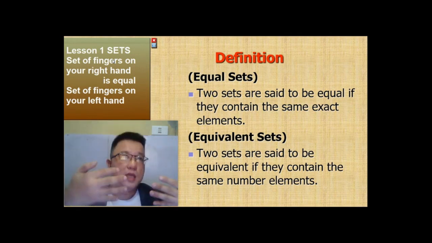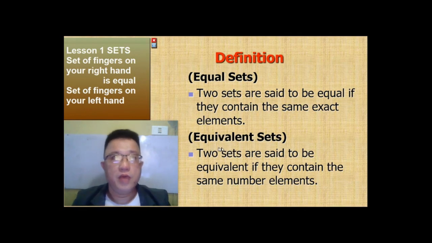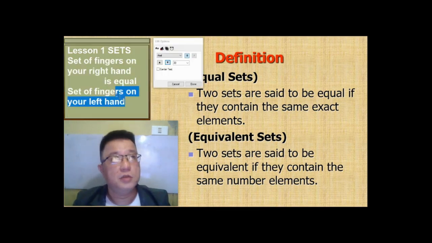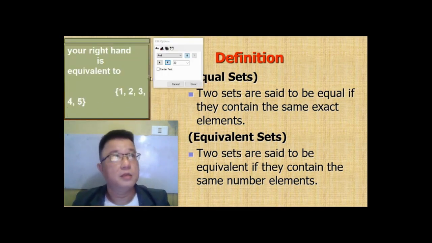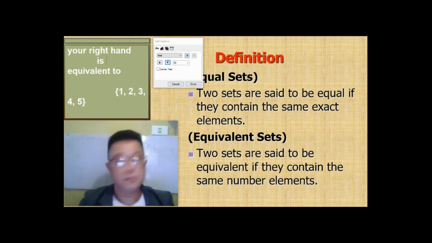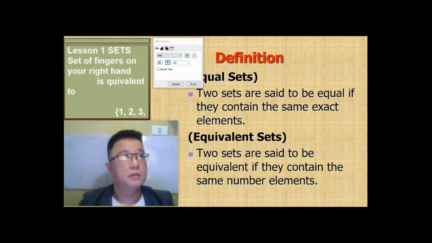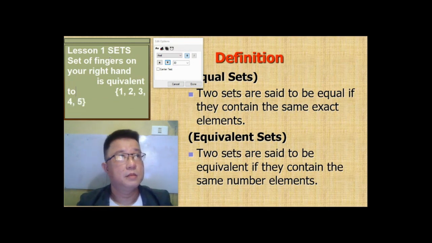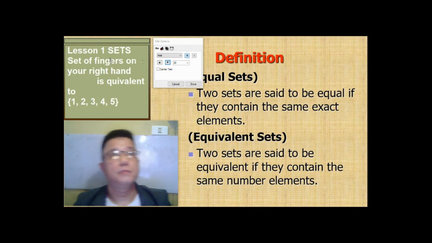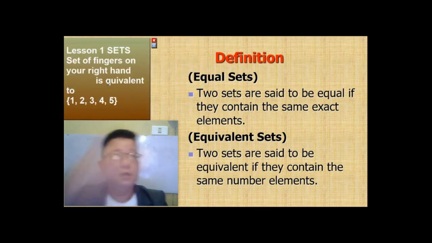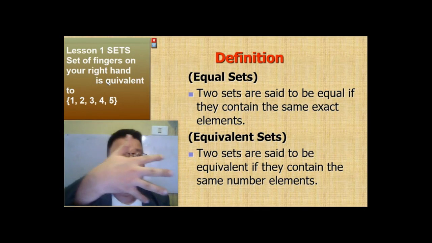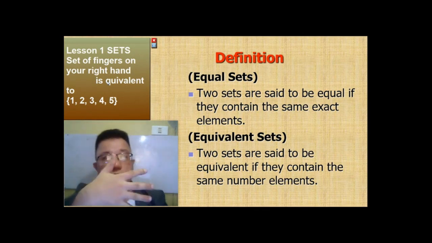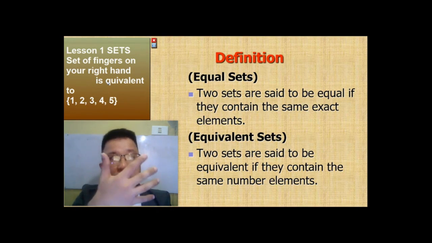So they are equal. When we have equivalent, two sets are said to be equivalent if they contain the same number of elements. Let me give you another example of equivalent. Your right hand has 5 elements, and the one listed there, 1, 2, 3, 4, 5, also have 5 elements.